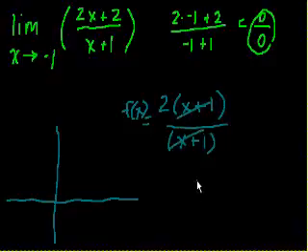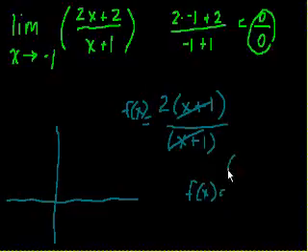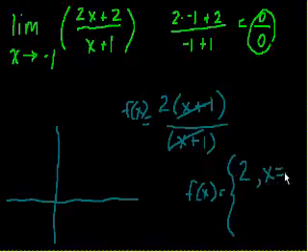And so really we see that f of x is equal to 2 when x does not equal -1. And we saw when x is equal to -1, it's undefined.